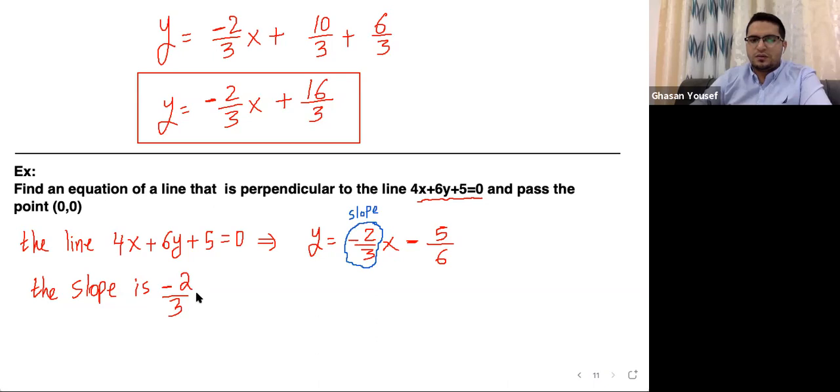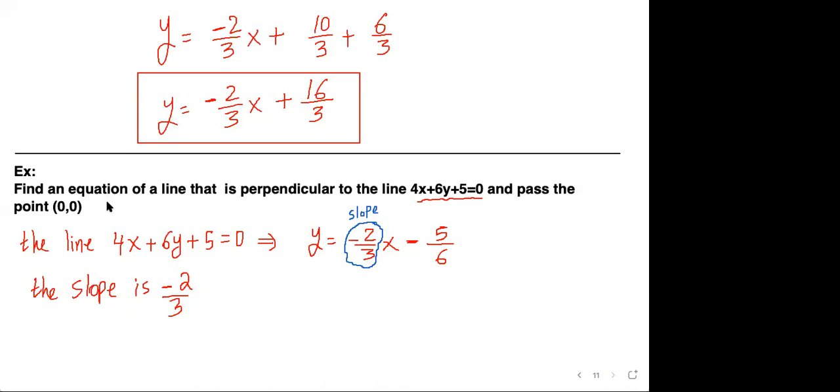What is the slope of the original line? The slope of this line is minus 2 over 3. Now, what's the slope of the line of the question, or the original line?